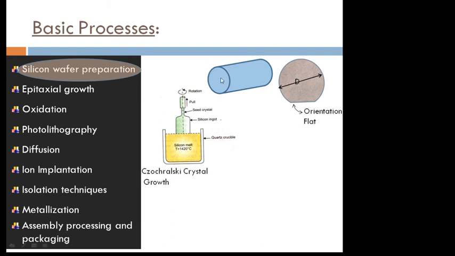This silicon may have different diameters, but when it's a cylinder you cannot understand what exactly the direction of the axis is. So in the last lecture of my paper, that is Solid State Physics 3501, you have learned that there is a plane direction like 110 or 111 or 222, something like that, right?